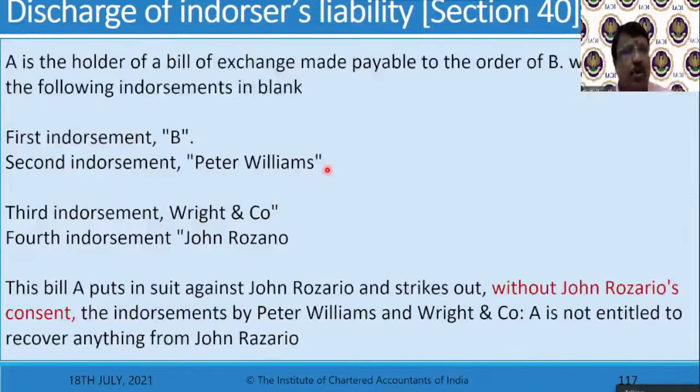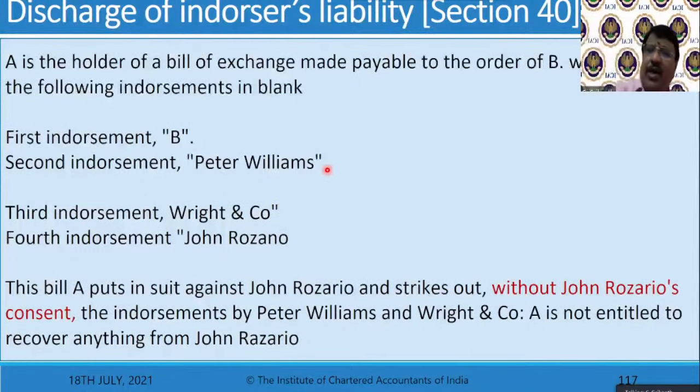Now, suppose the acceptor of the bill does not honor, then A can sue. Who can he sue? He can sue the drawer, whoever it is. He can sue B. By his own folly, he cannot sue Peter Williams and Right and Go because he has cancelled their names. Section 40 says he cannot sue John Rosario also, because you struck it out without my consent, thereby impairing my right.